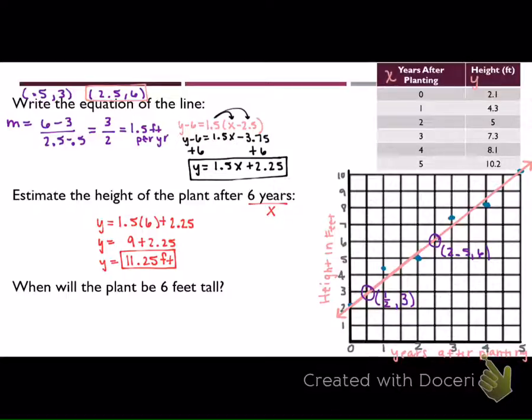All right, when will the plant be 6 feet tall? Is that X or Y? Y, if you look at your axes, height in feet is Y. So that makes sense that it's Y. So we plug in for Y and solve for X. So that's 6 equals 1.5X plus 2.25.